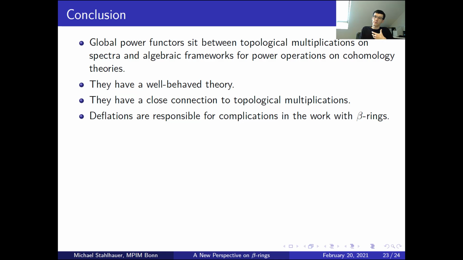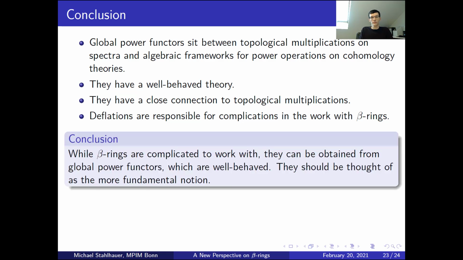Okay, and having said all this, the thing I want to finish with is that all these observations really are an indication that global power functors should be thought of as the more fundamental notion here. So that global power functors should be thought of as the object which really encodes power operations. And that beta rings can be derived from those, but this step introduces a lot of complications.